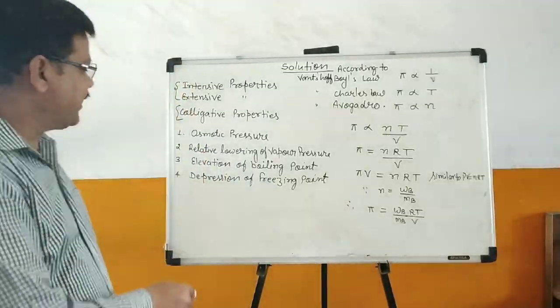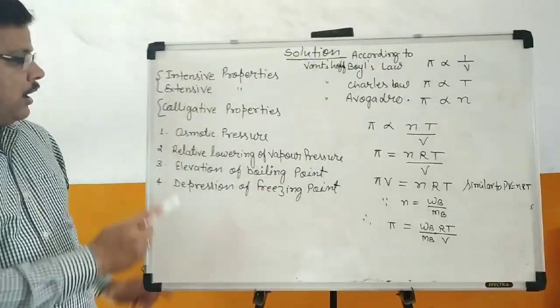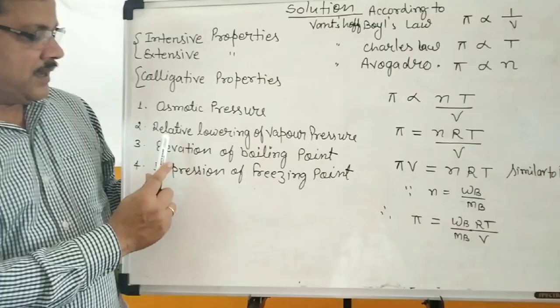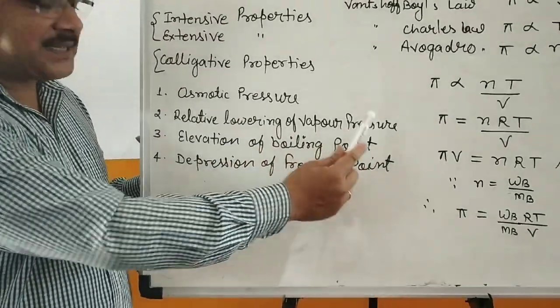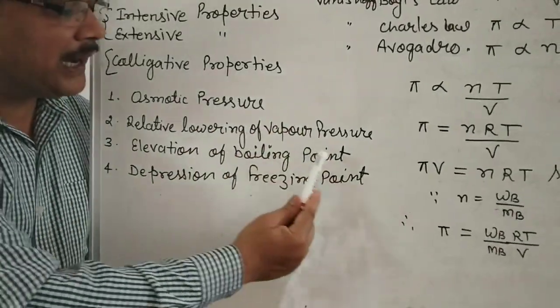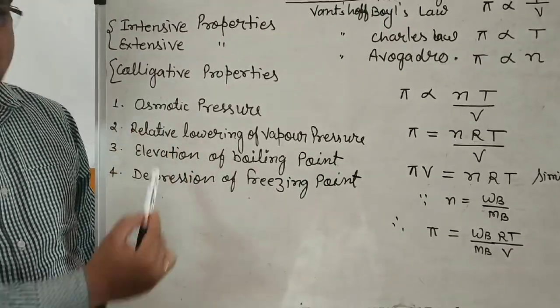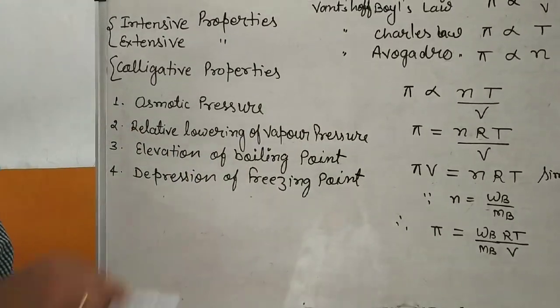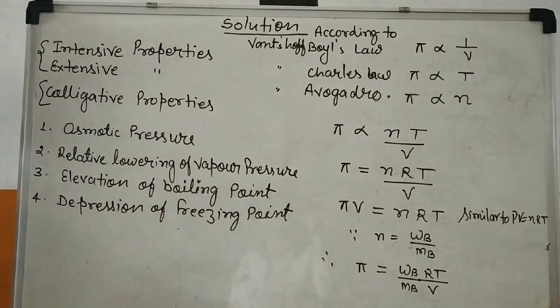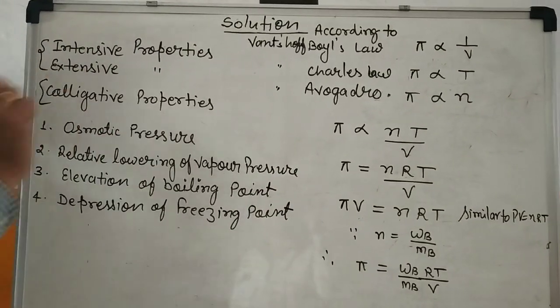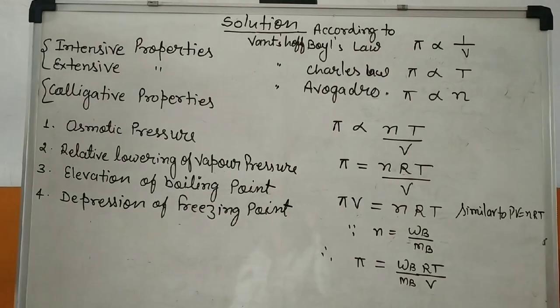Here we will study 4 colligative properties: osmotic pressure, relative lowering of vapor pressure, elevation of boiling point, depression of freezing point. Out of them, first we will see the osmotic pressure.